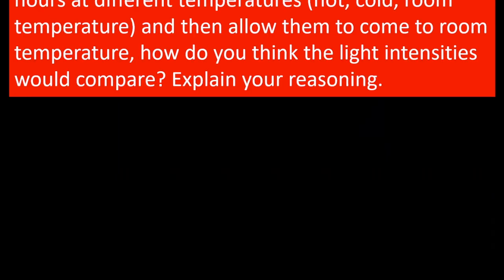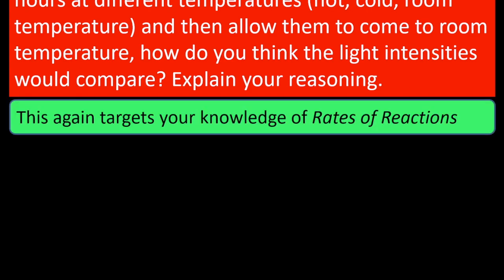Question 7, if you keep 3 activated glow sticks for several hours at different temperatures, and then allow them to come to room temperature, how do you think the light intensities would compare? And explain your reasoning. So again, we're targeting rates of reaction.